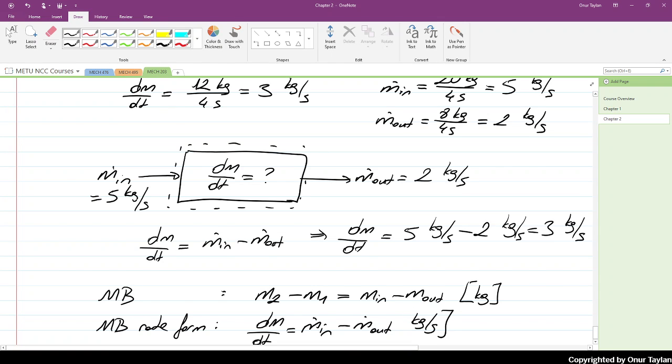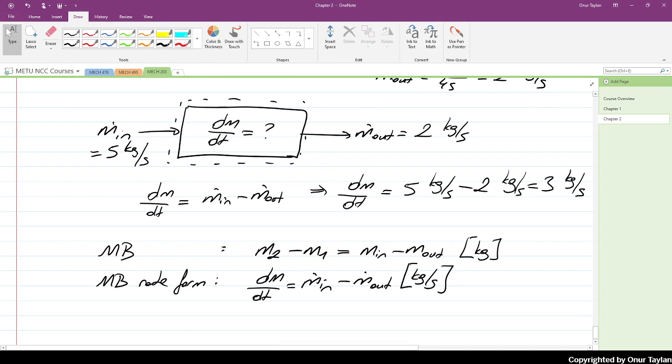It is rate form. So as I said, the mass balance is just an example. You can write this for the energy balance or entropy balance. And the way that this is written is, the right hand side is the rate, in this case of mass, that crosses the system boundary.